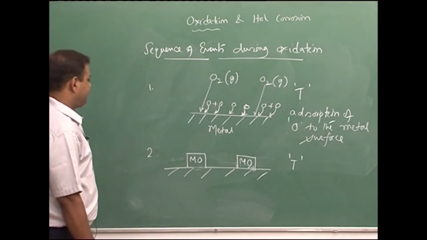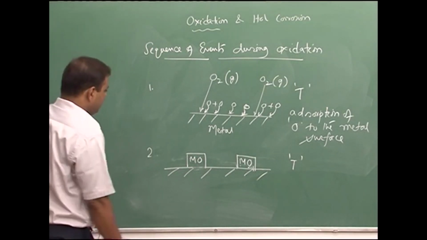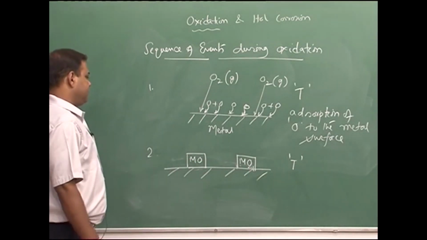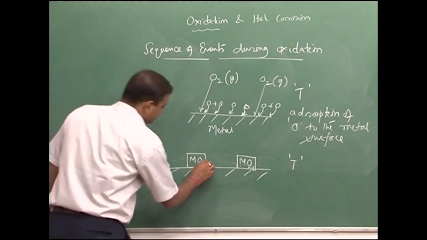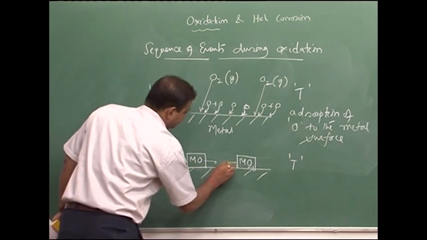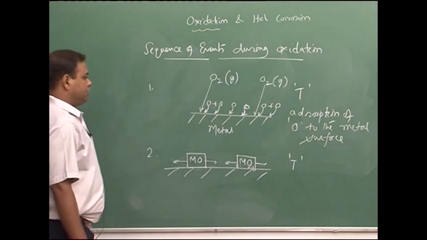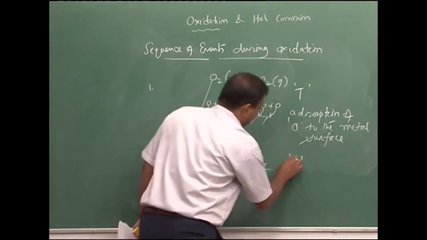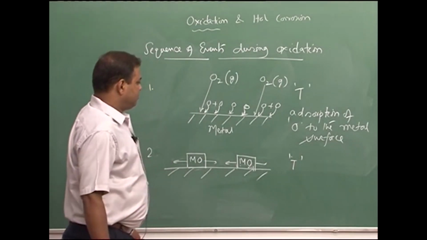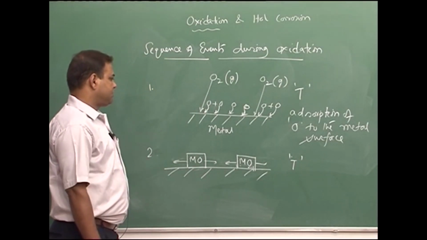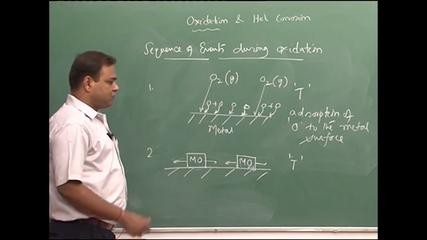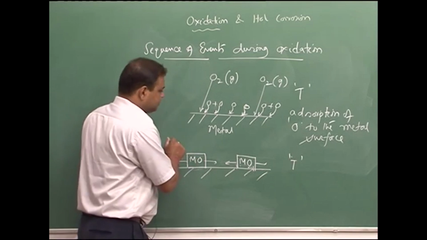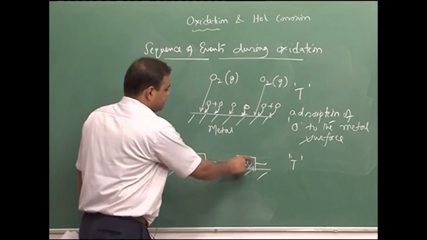So, the metal oxide is forming, and now this metal oxide forms like islands on the metal surface, and they would try to grow in the lateral direction. So, the second event would be, at temperature T, if the thermodynamic criteria is met for the formation of metal oxide, then metal oxide would form, and then this metal oxide would try to grow.